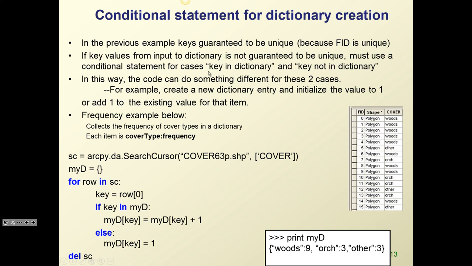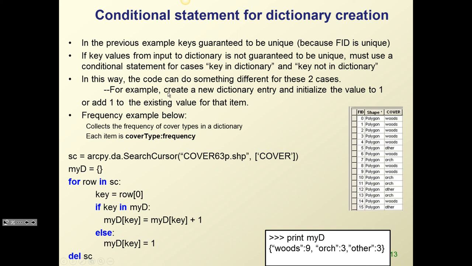So you have two cases: either the key is already in the dictionary or it's not yet in the dictionary. Then you can do some branching down here. In this way, we can have the code do two different things for these two different cases.